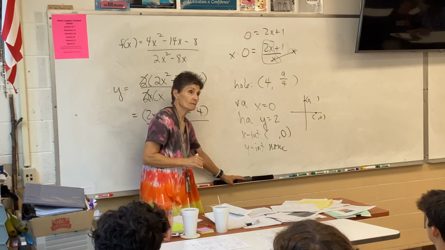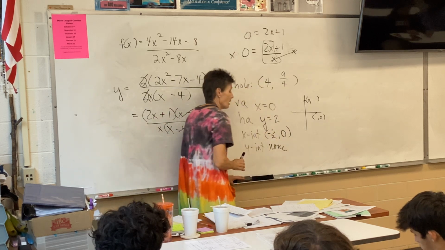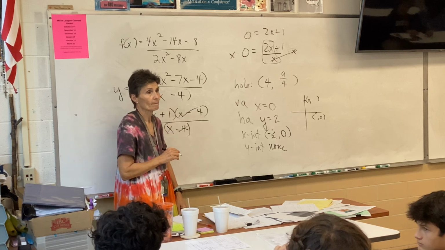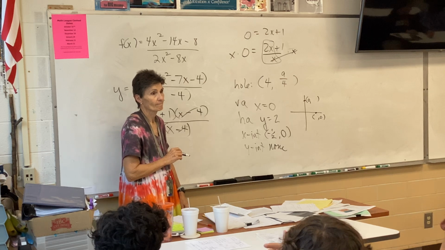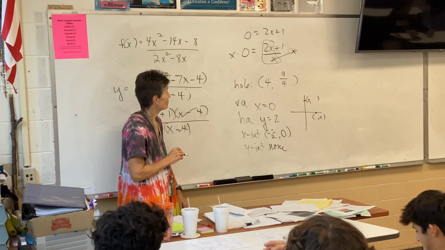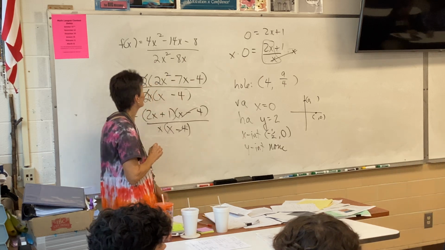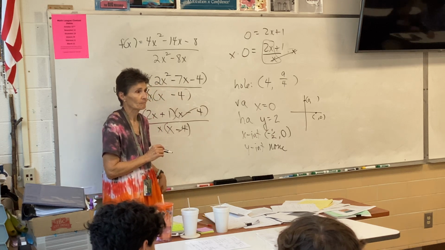Minus 1, divide by 2, x equals negative 1/2. Negative 1/2, comma 0 is my x-intercept. Will the horizontal asymptote always be the same as the simplified problem? Yes, always the same.